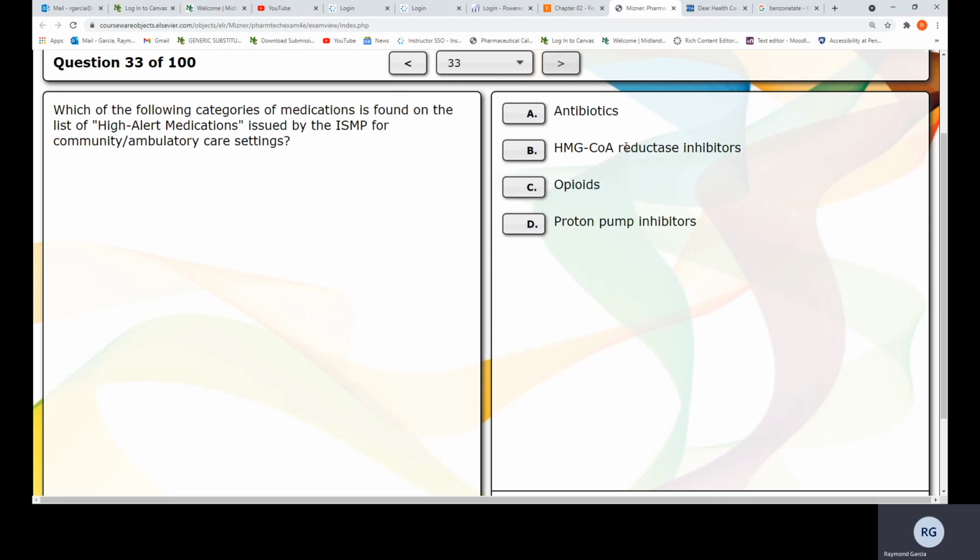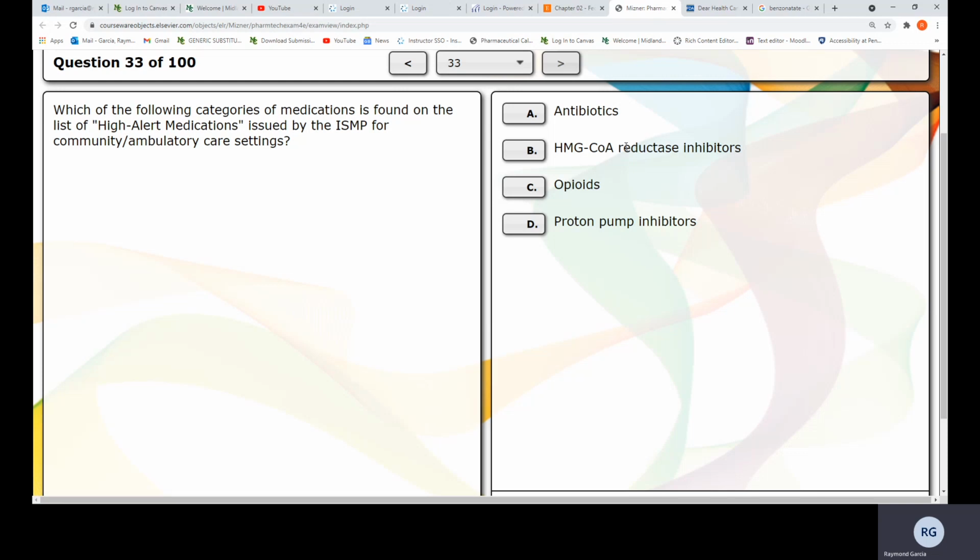Which of the following categories of medications is found on the list of high alert medications issued by the ISMP for community and ambulatory care settings? Proton pump inhibitors, that's like your Prilosec.